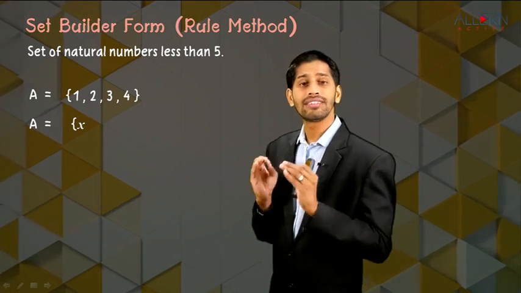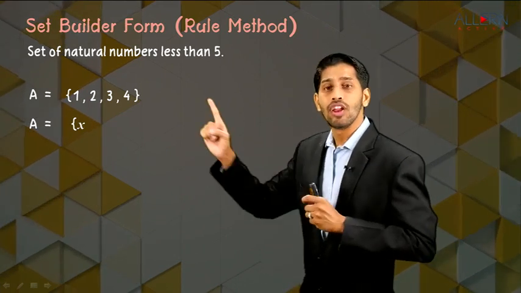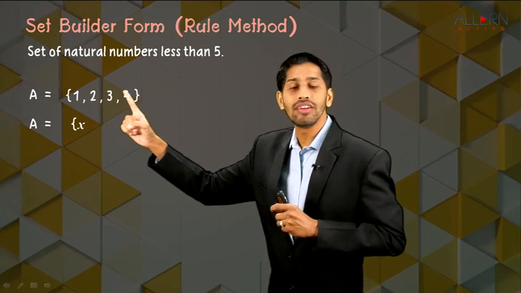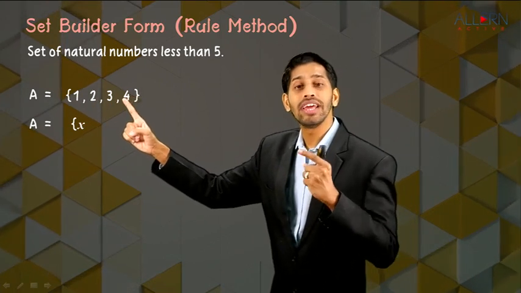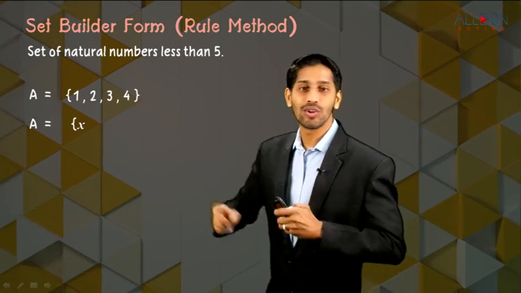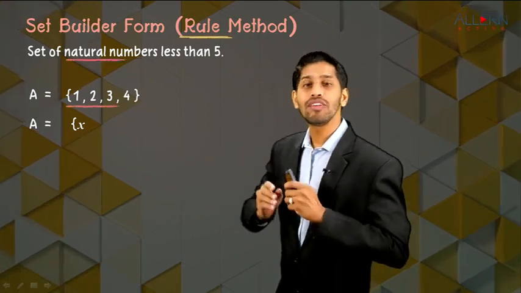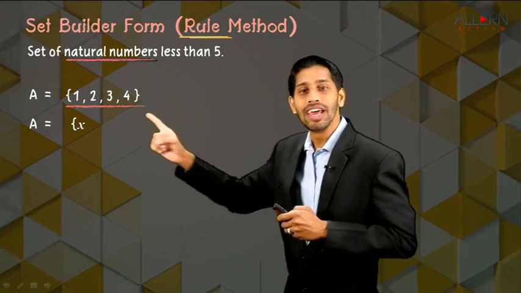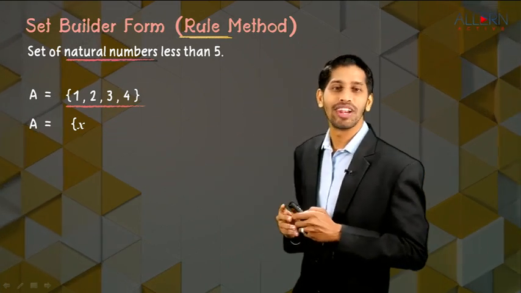Now let's understand what is the rule. Now we know that 1, 2, 3, 4 are assigned a variable x, and 1, 2, 3, 4 belong to the natural numbers. If 1, 2, 3, 4 belong to the natural numbers, x also belongs to the natural numbers.